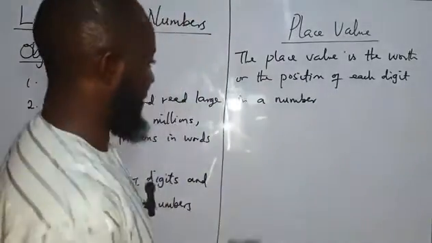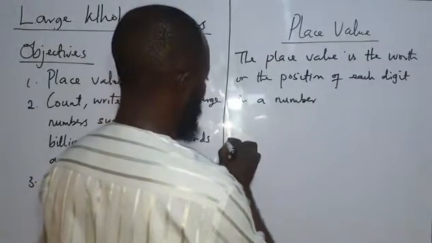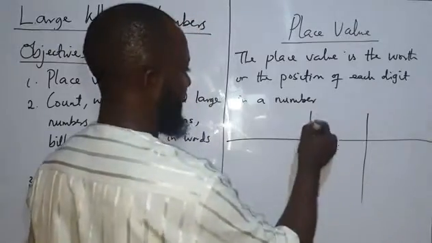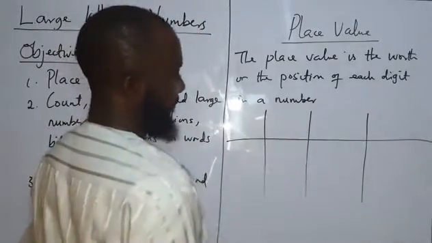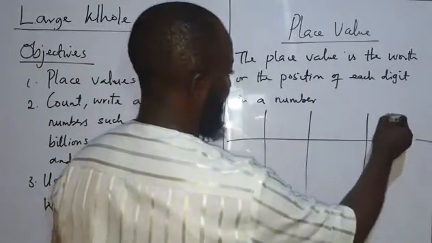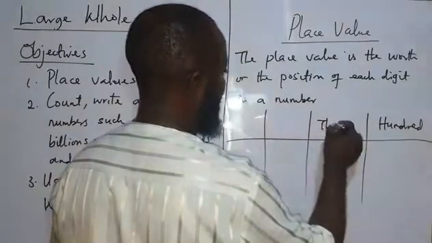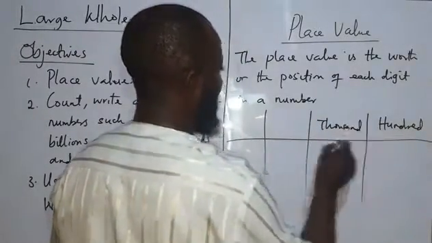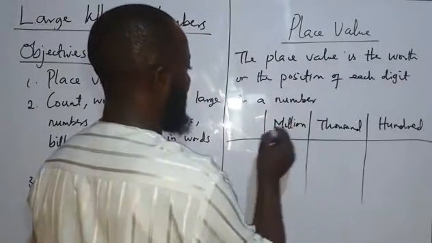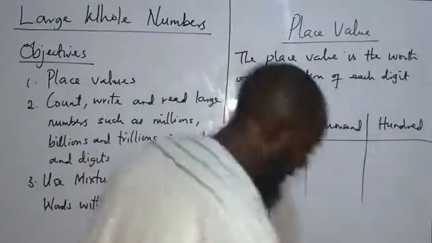Let's look at this. Let me have columns here. We have hundreds, we have thousands, we have million, we have billion.